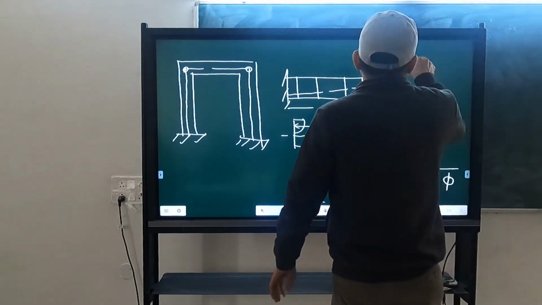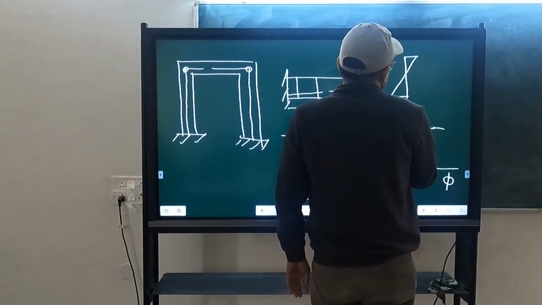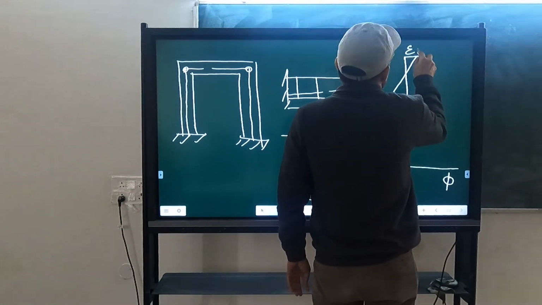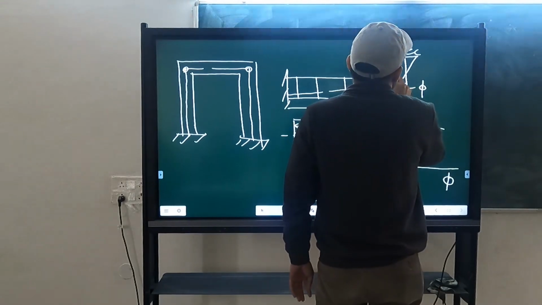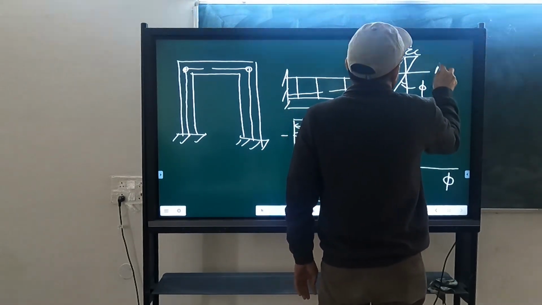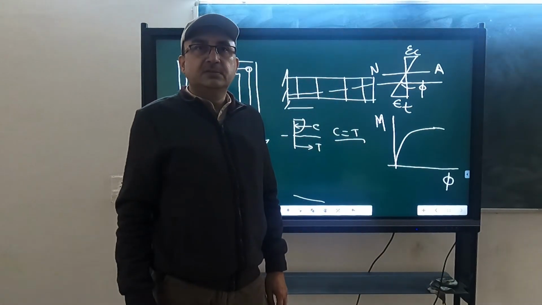How are we calculating the curvature? This is the neutral axis. Suppose I am thinking about the centroidal axis. What would be the curvature?